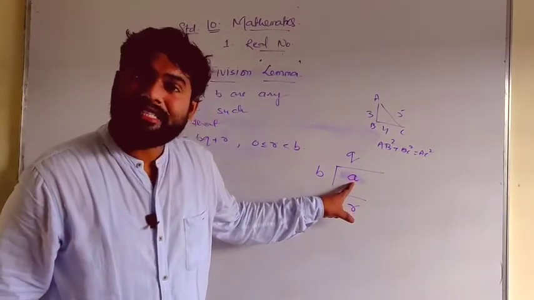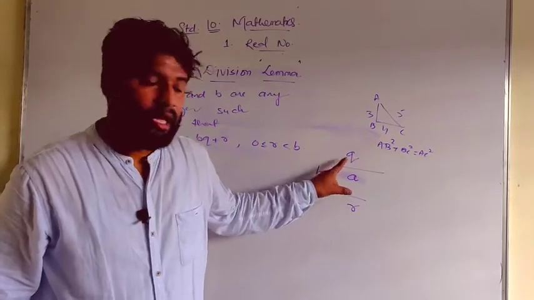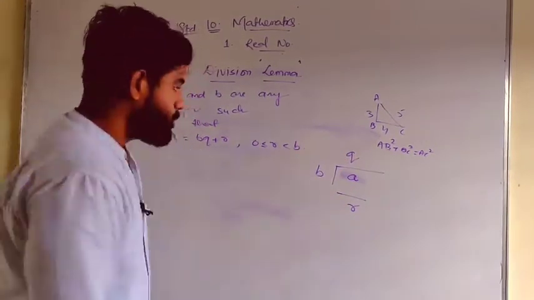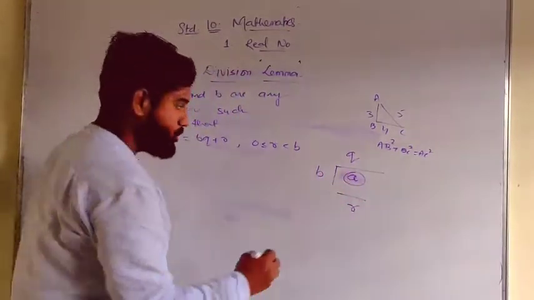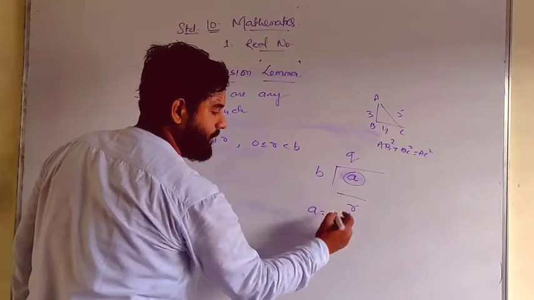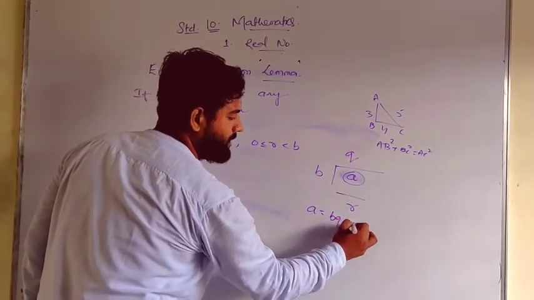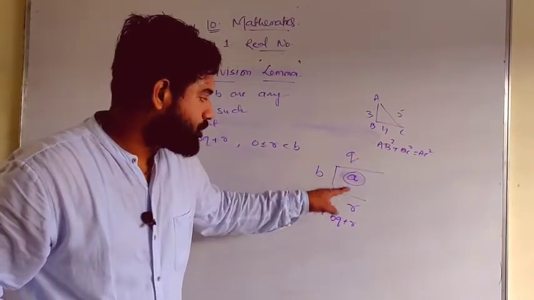If I divide this A by an integer B, I get some quotient and some remainder. So how can I represent this dividend? This dividend can be written as A is equal to divisor into quotient plus remainder.